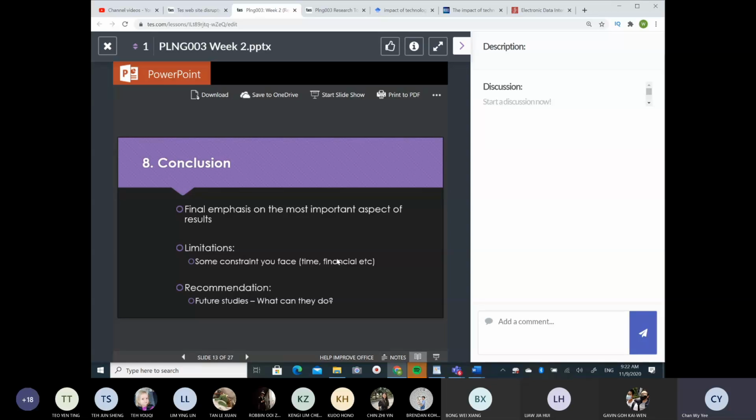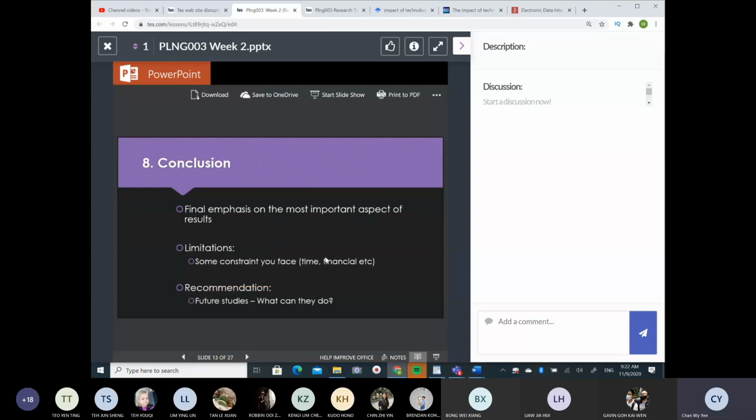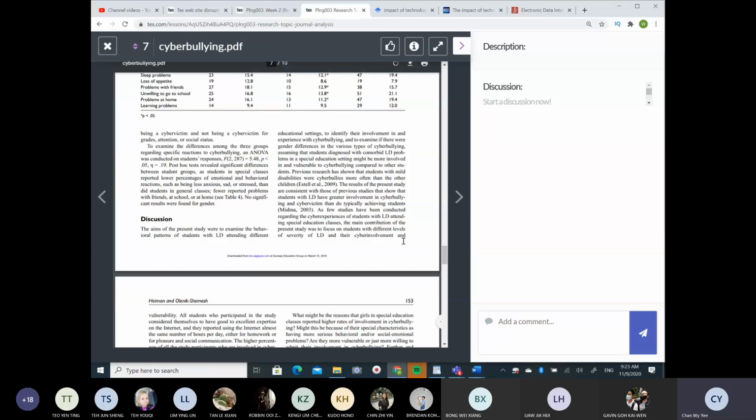For example, in the past there were studies of the entire Malaysian student population, so the researchers traveled from Semenanjung Malaysia all the way to East Malaysia. Or perhaps you wish that your study would cover a larger population, for example teenagers, high school students, university students, and primary students. So these are the limitations that you face, and you might want to put them in.